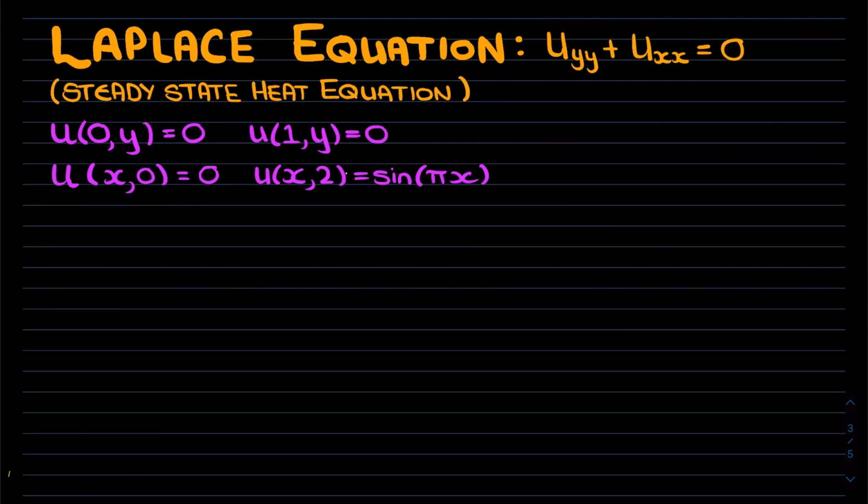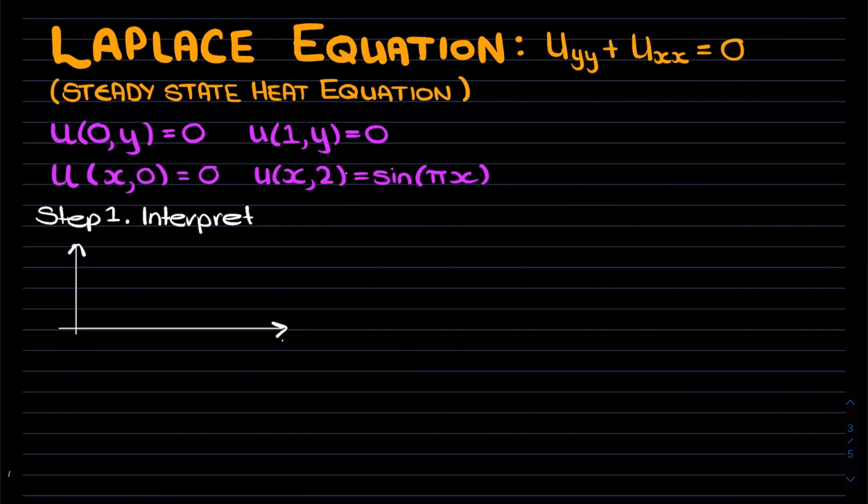So the first thing that you're going to want to do when solving any equation really is to interpret what the question is asking of you and what it means. In the Laplace equation, which is also called the steady state heat equation, we don't have any dimension of time. What we have instead are 2 spatial dimensions, x and y.